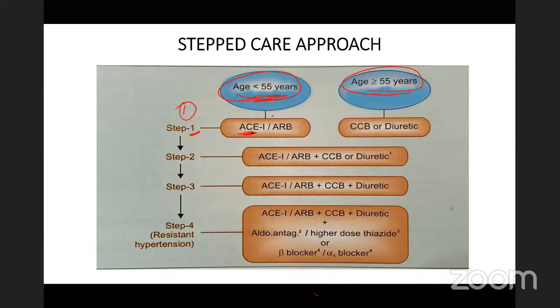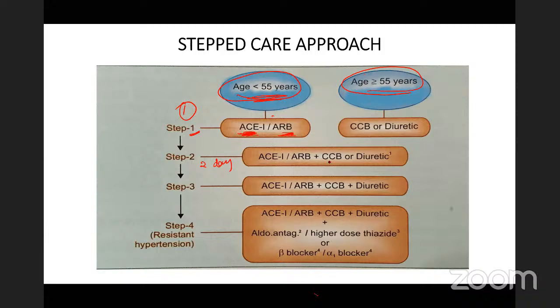We have to choose either an ACE inhibitor or an ARB. If the patient has cough or angioedema or is not tolerant to ACE inhibitors, we know ARBs will not produce cough or angioedema, so we can choose an ARB. One drug you have to choose from either. If the BP is not coming down with one drug, we have to add a second drug.